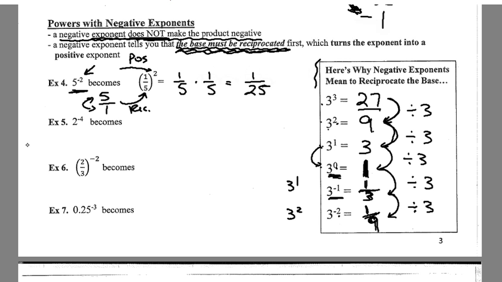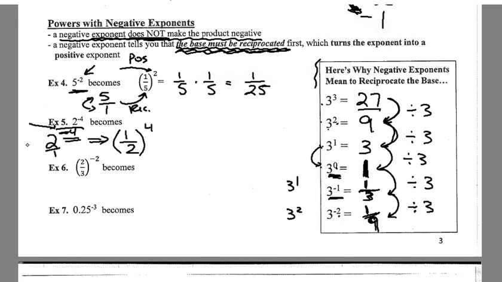A negative exponent doesn't mean it's a negative answer. It tells you to reciprocate your base. So just to write it a little bit bigger, 2 to the negative 4. Oh, wait a sec, negative exponent. My base right now is 2, or 2 over 1. Negative exponent tells me to flip my base, and my negative exponent now becomes a positive exponent for the base 1/2.